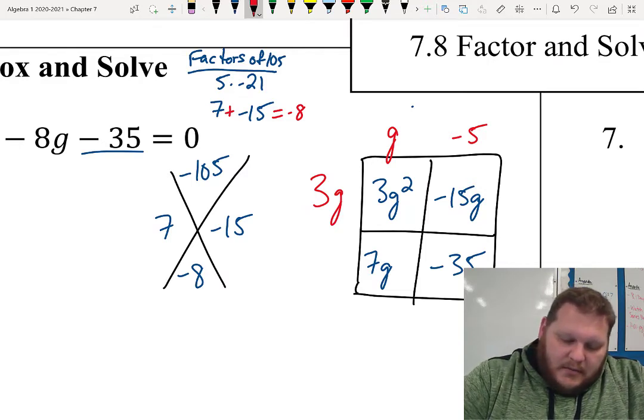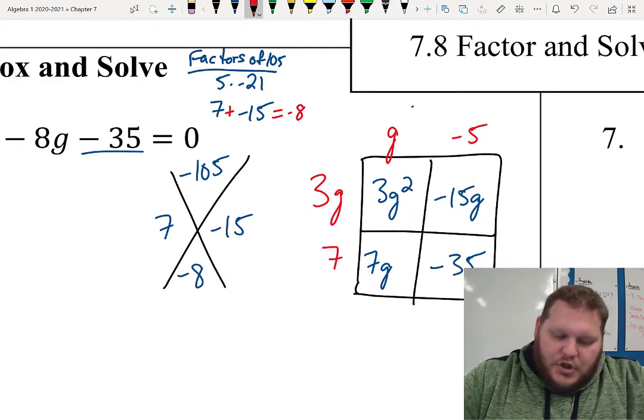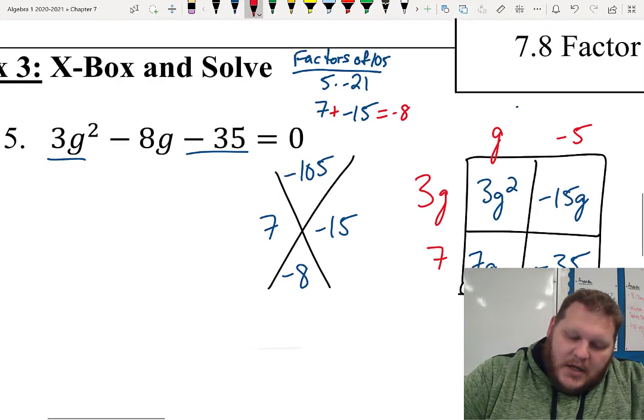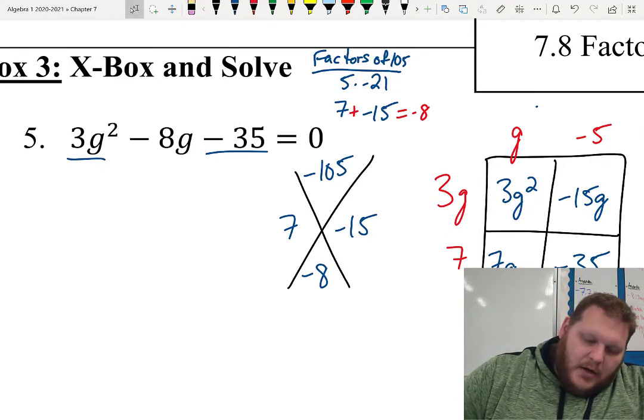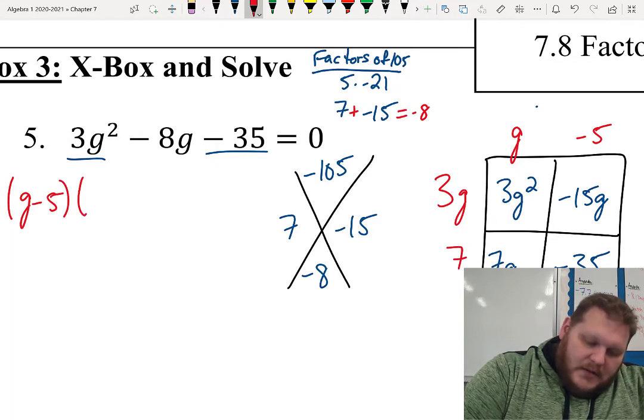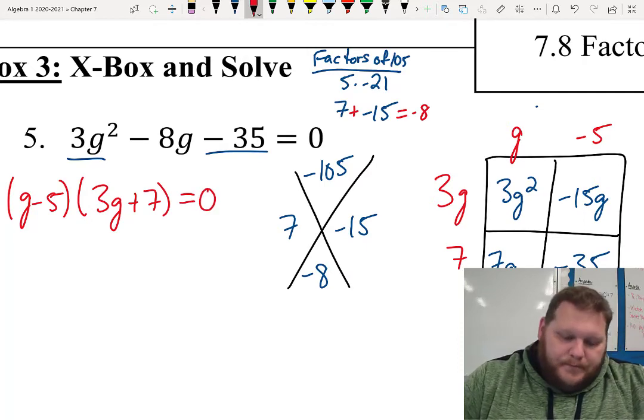And that means this has to be a 7 in order to get 7G, or to get negative 35. So once I know that, now I know how this factors: G minus 5 times 3G plus 7, and that equals 0.